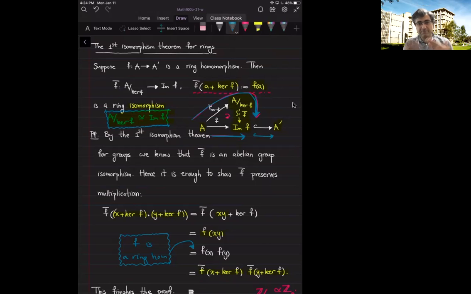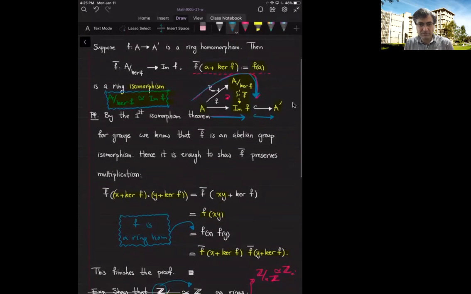So in particular, F bar is bijective and it preserves addition. So the only thing that remains is why F bar preserves multiplication. If we show F bar preserves multiplication, then we deduce that it's a ring homomorphism, and because F bar is an abelian group isomorphism, a bijective map, we deduce that it's a ring isomorphism. So it's enough to focus on multiplication now.